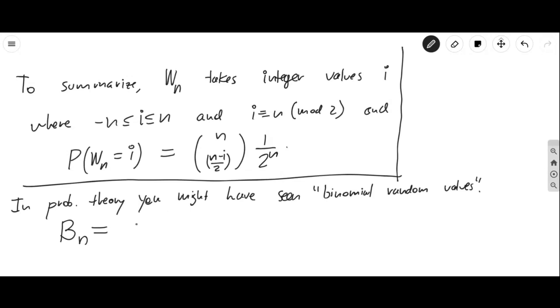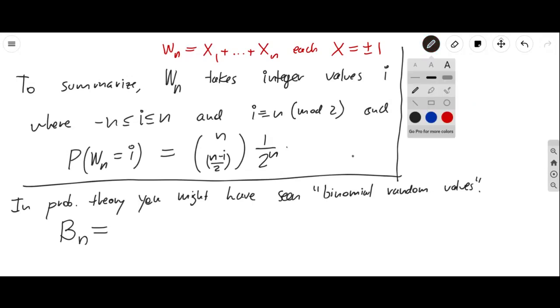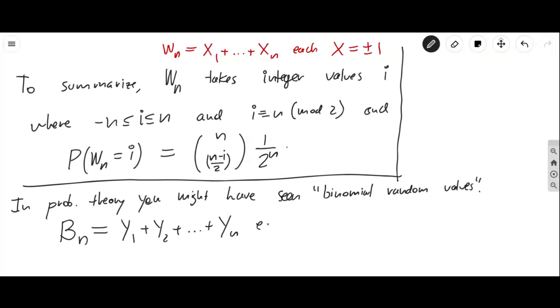Keep in mind, Wn is a sum of independent x's where each x is plus or minus 1. The binomial random variable is instead the sum of independent y's where each y is 0 or 1.